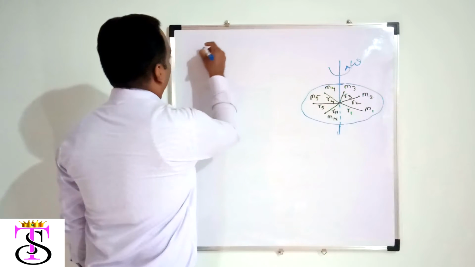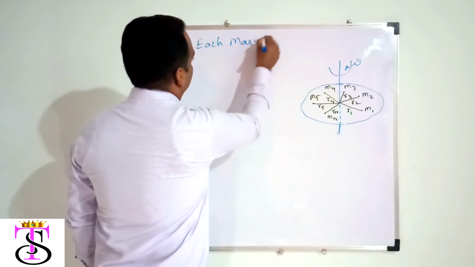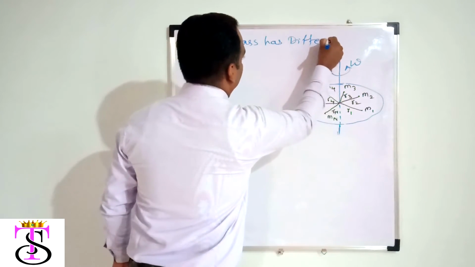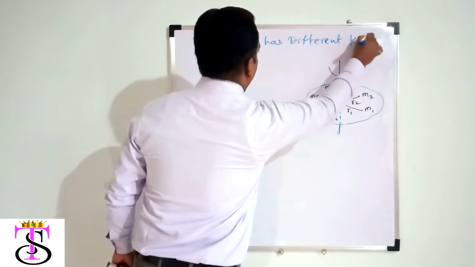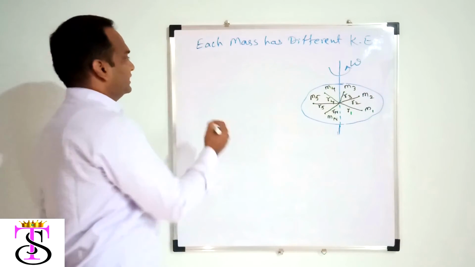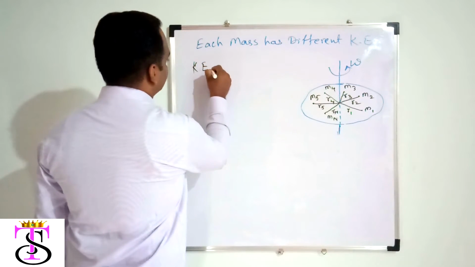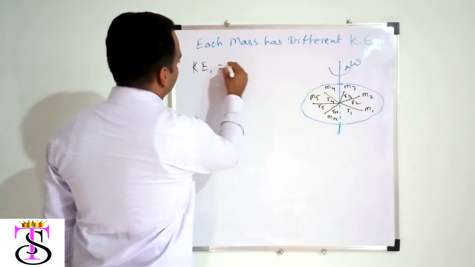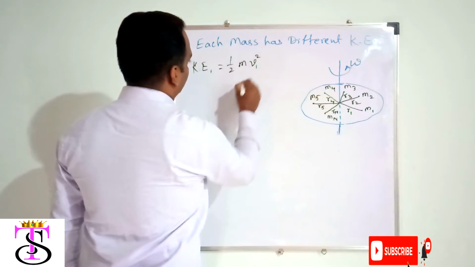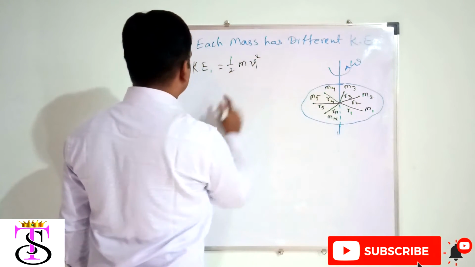Each mass has different kinetic energy, and for each mass we can write the kinetic energy as KE1 equals 1/2 m v1 square.